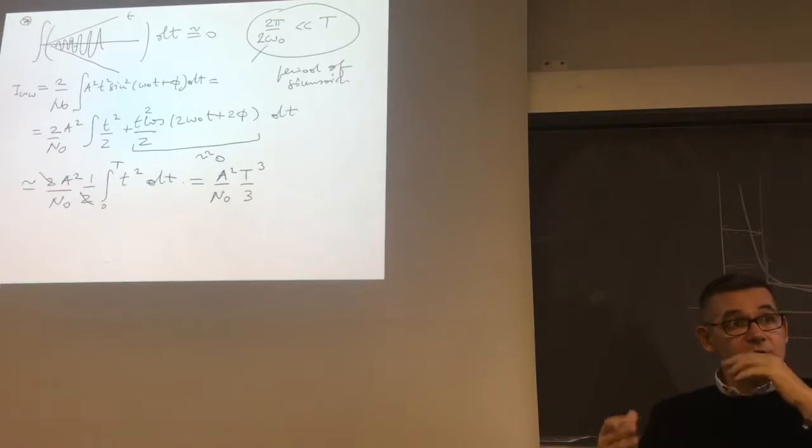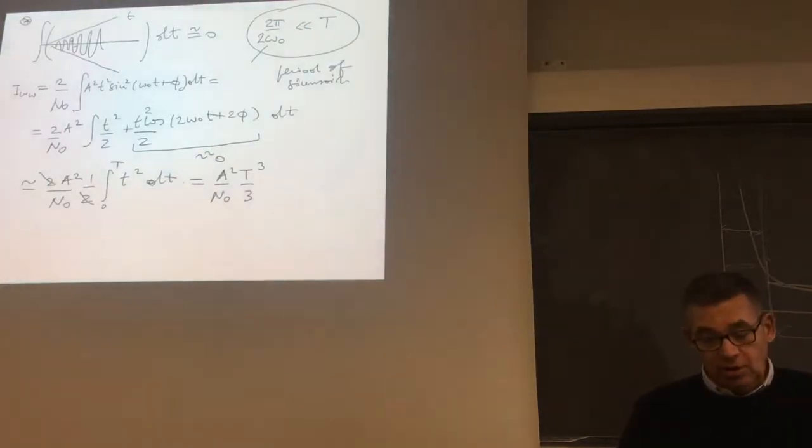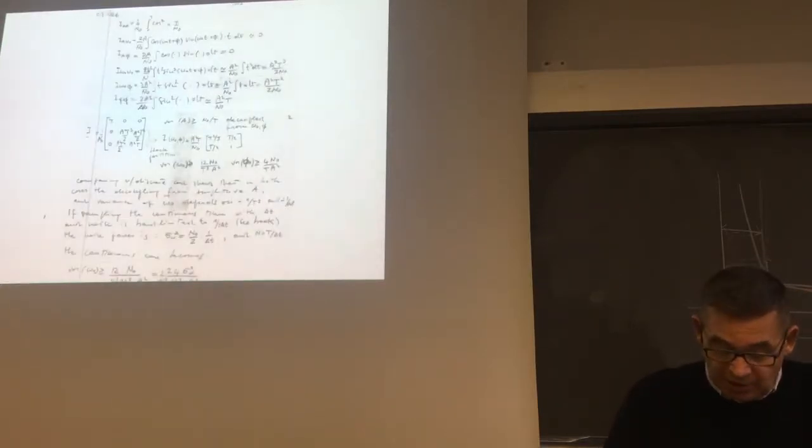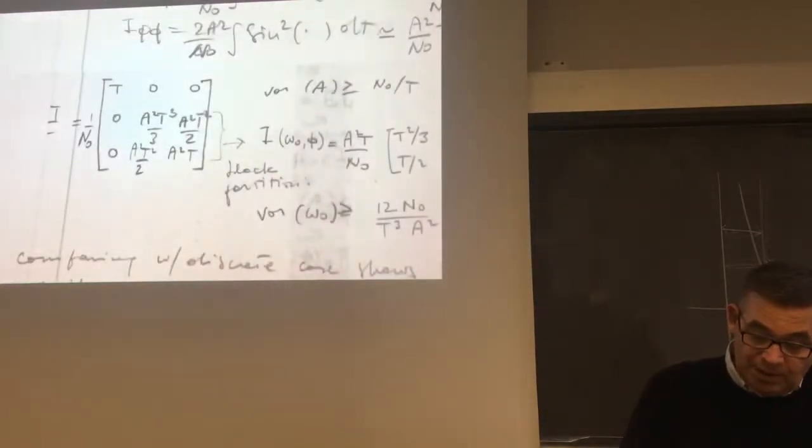I apply the same rule for all. I want to show you the most critical one. Then I apply this rule for all, and I get the Fisher information matrix, which I already computed here. Let me copy and paste.